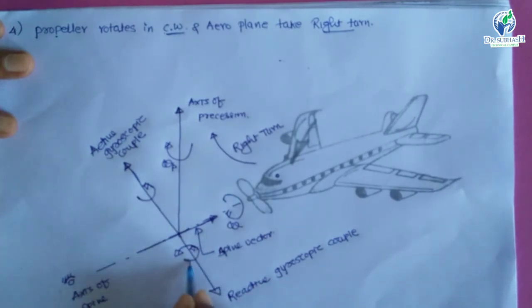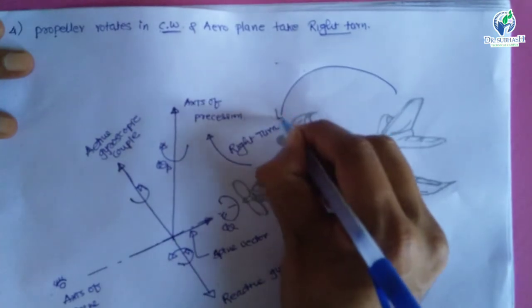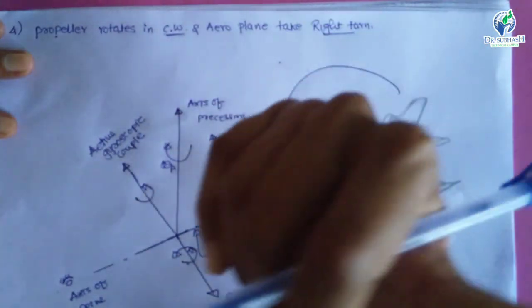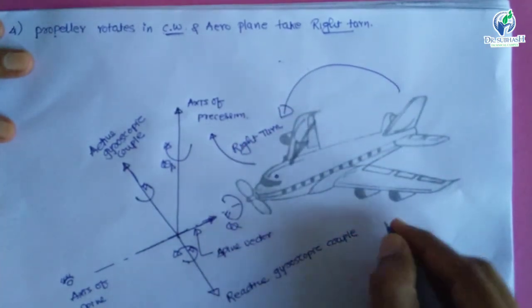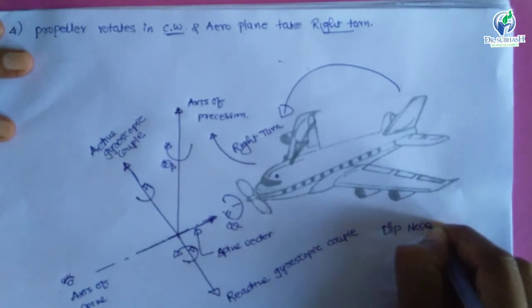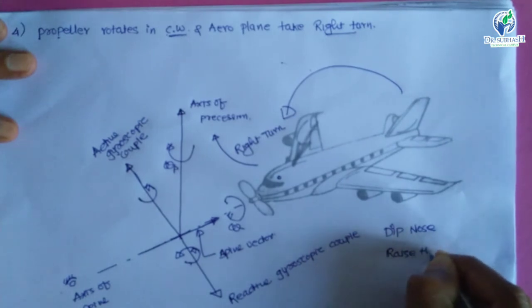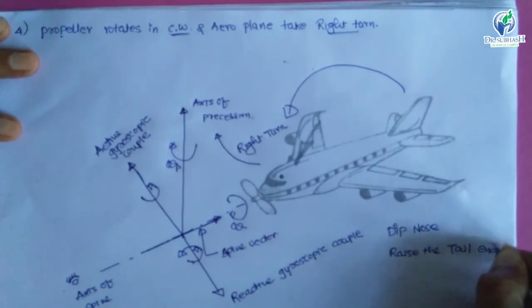Now if we transfer this sense of rotation here, the effect of reactive gyroscopic couple is to dip the nose and raise the tail end.